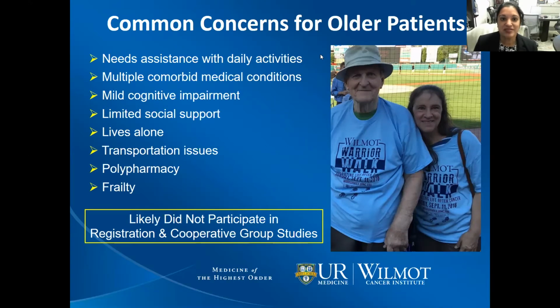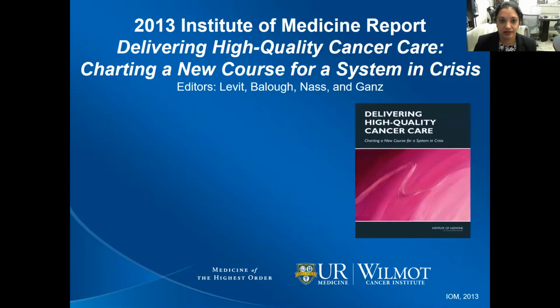The problem is that the majority of older adults with cancer, about 2/3 of them, have problems outside of cancer, beyond just comorbidity, including functional issues like needing assistance with daily activities, cognitive impairment, social support limitations, polypharmacy, and frailty. And these patients are not included in phase 3 trials or registration trials.